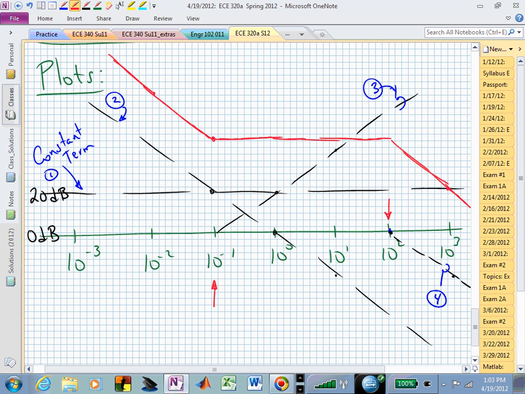Now you look and find, where's my magnitude at that particular frequency? And you go up and you say, oh, it's 40 dB. Well, I need to convert that back to absolute terms, which we just determined was 100. So this particular circuit is going to amplify those signals coming in at 1 radian per second by a gain of 100.